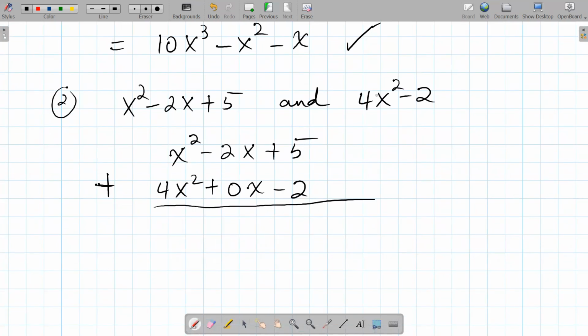Carefully, in this case here, I have the x squared term. I don't have the x term, and because I don't have it, I just introduce a 0 coefficient on the x terms so that they'll be aligned. So 5 plus minus 2 will give me positive 3 plus 3. Negative 2 plus 0 is still negative 2, so negative 2x.